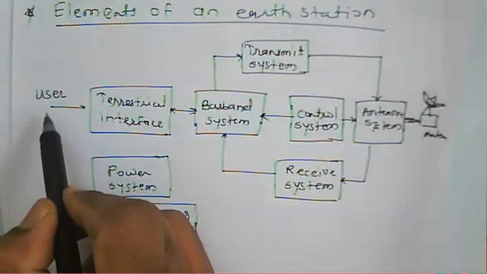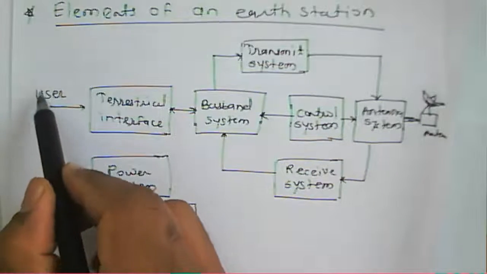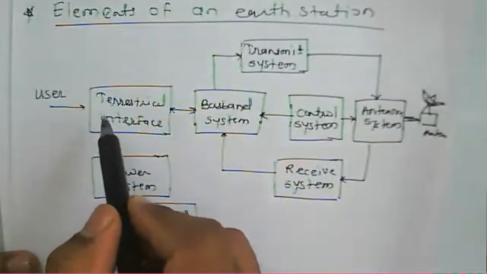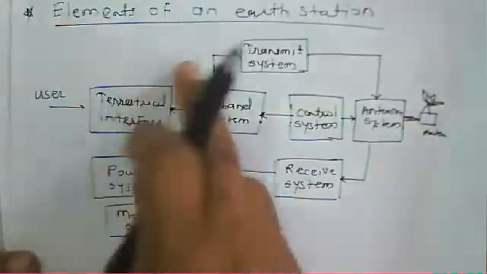Now users transmit a signal through this terrestrial interface module to the satellite through an antenna. This is nothing but an earth station.